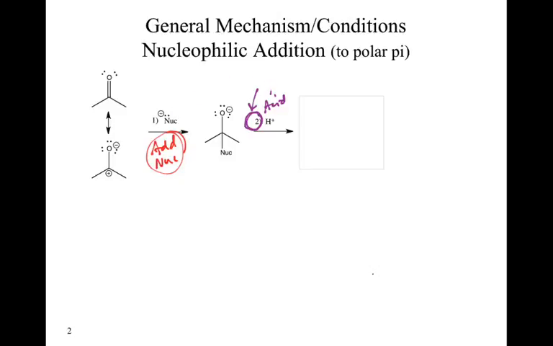So we have to do this as a 2-step reaction. Not necessarily 2 mechanistic steps, 2 reaction steps. We need to see the 1, 2. That acid is used to protonate our oxygen, and we would end up with our final structure.